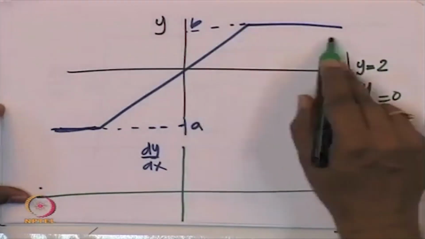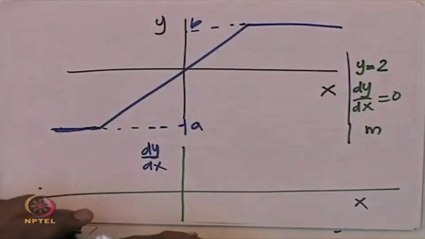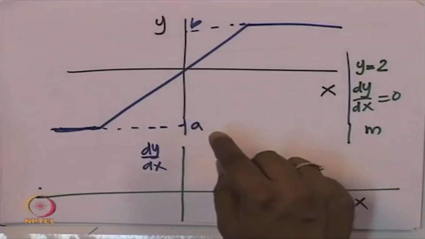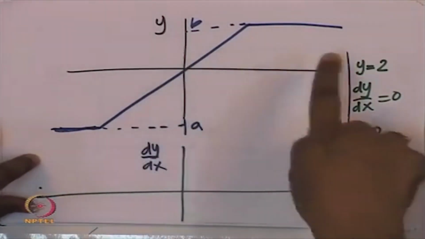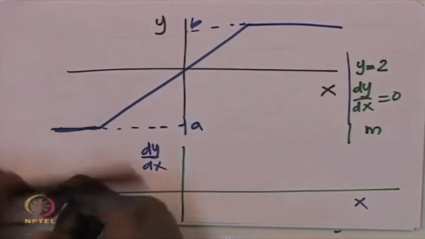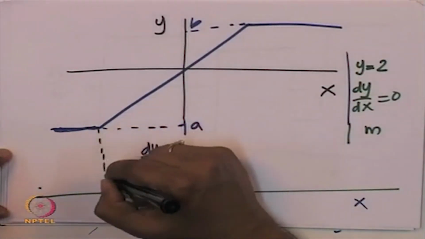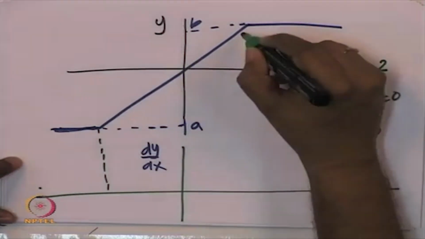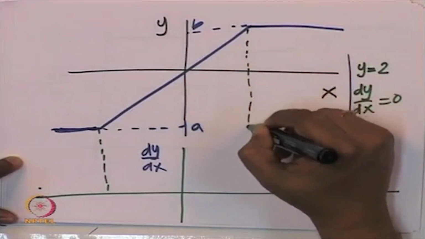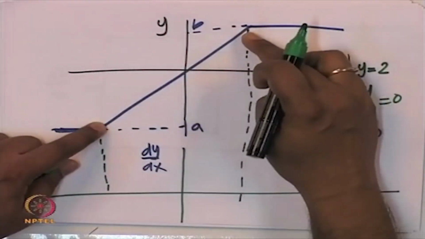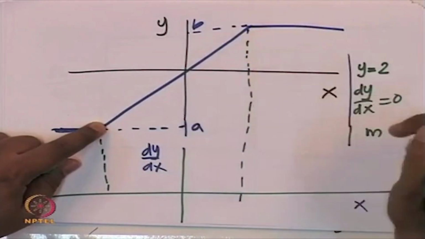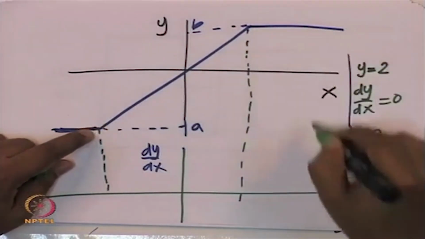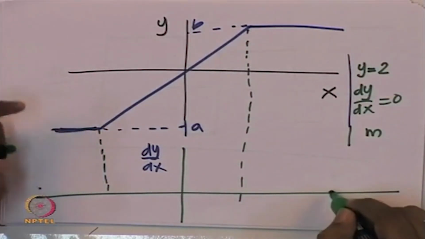Here again it is a constant, so the slope is 0. So, till this point the derivative is 0, between these two the derivative is a constant m, and after this again the derivative is 0.